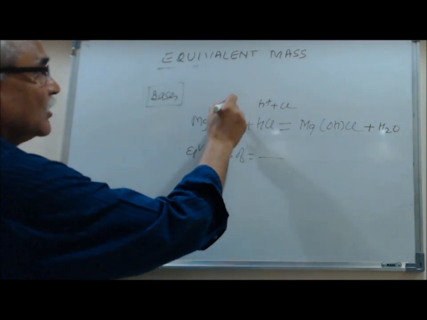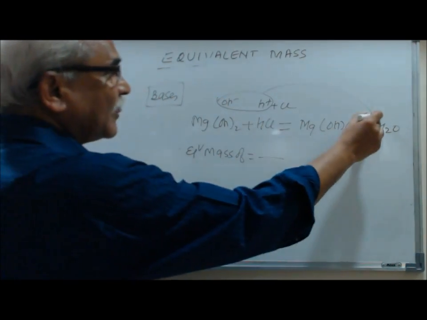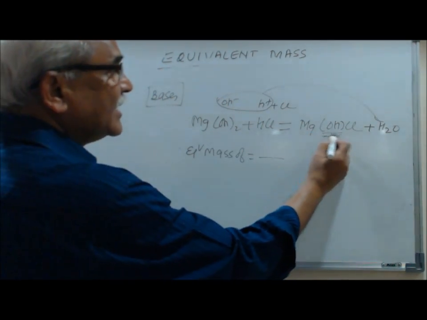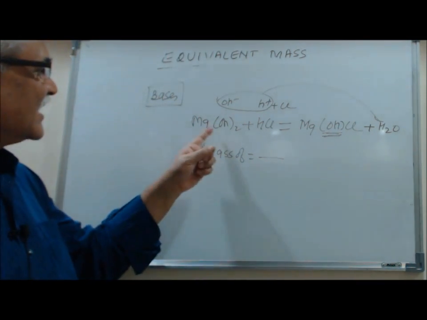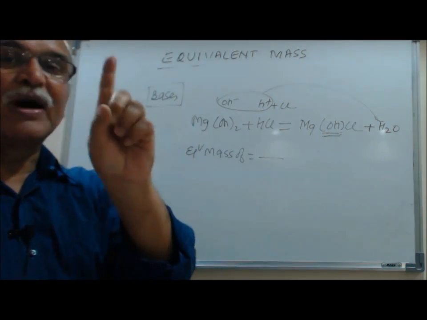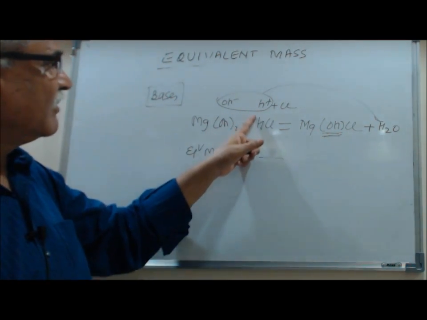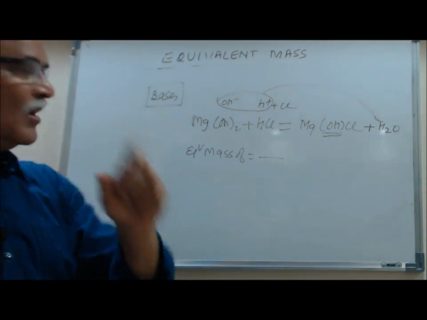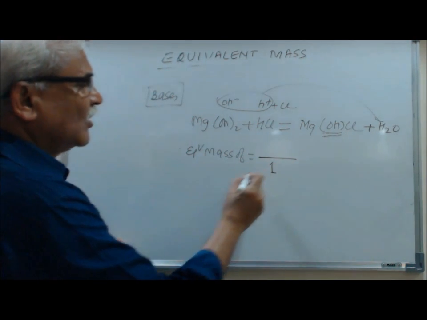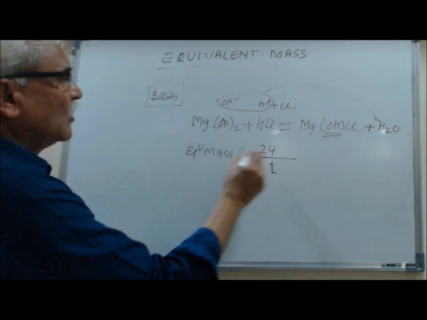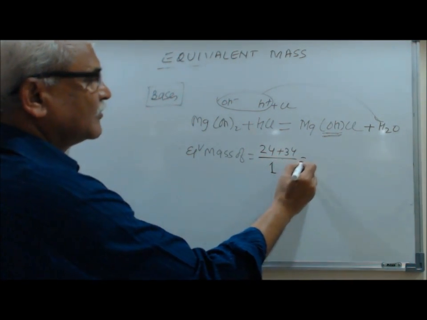That one coming out reacted with H plus to give water. The other hydroxyl remained in the molecule. So here the acidity of magnesium hydroxide is 1, because one mole reacts with only 1 mole of HCl. So its equivalent mass will be divided by 1. What will be the mass? Magnesium 24, O 16 plus H 1 is 17, 17 twos are 34.